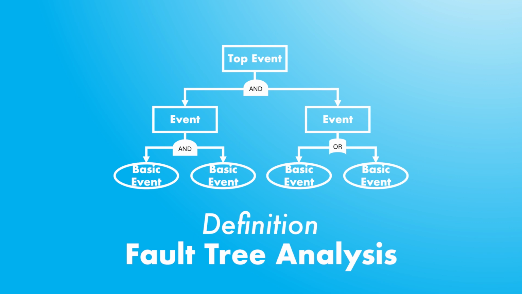Then the reasons for these causes are investigated in a third level, until the basic events. The fault tree is complete if all these events are depicted, showing how the lower events, the basic events, cause the top event.